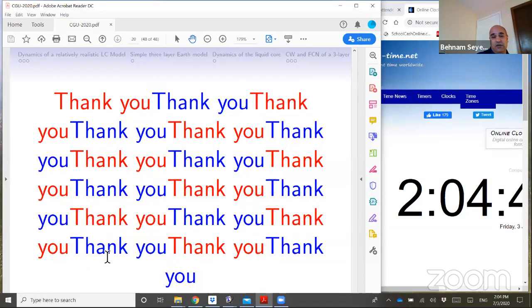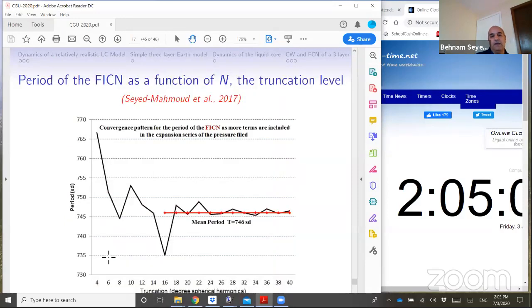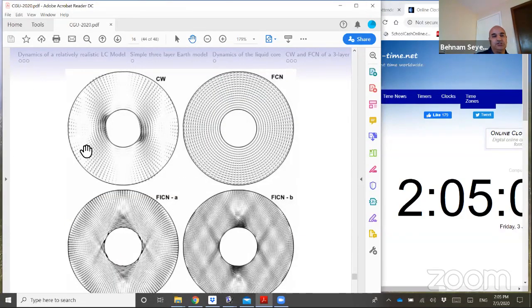The reason, of course, we decided to look at this is because we submitted a paper and it was opposed by a core dynamicist on the ground that Chandler wobble would not be excited in a shell because the core was inviscid, and therefore the equation is ill-posed, unless you include viscosity.